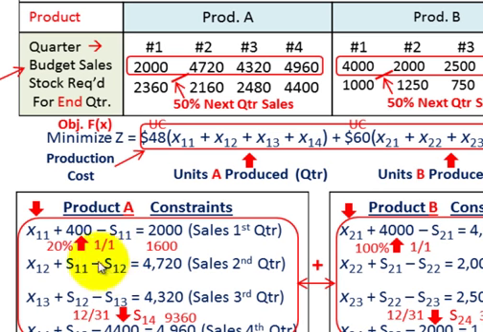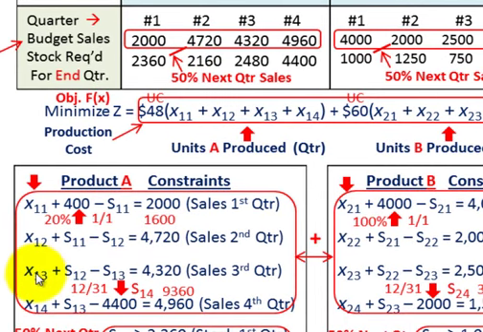So you can see the pattern we're following. And then again, that has to be equal to our sales for the second quarter, that 4,720. So if we go back and look at that here, there's your 4,720 up here, budgeted sales for the second quarter. Okay, so you see that pattern.